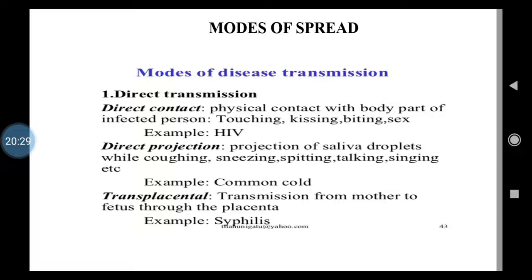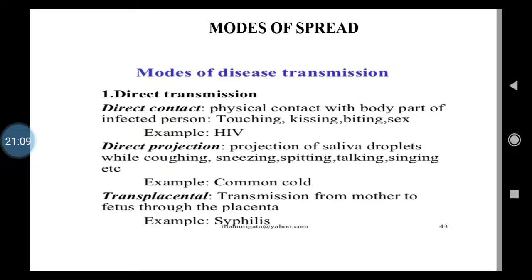Here we can take the example of diarrhea, dysentery, sexually transmitted diseases, and cholera. The other is droplet infection, or direct projection; in some books it is given as direct projection. Here the person comes in contact with saliva droplets while coughing, sneezing, spitting, talking and singing. Examples are the common cold or any respiratory tract infection.